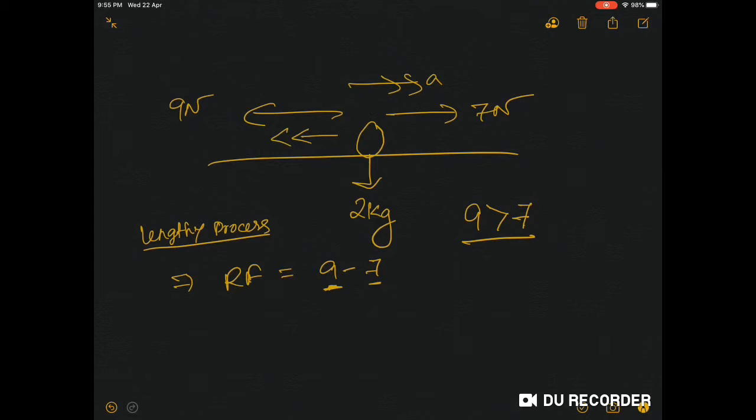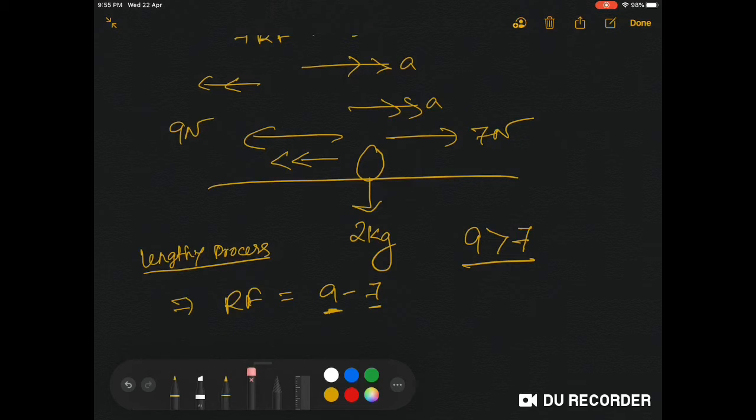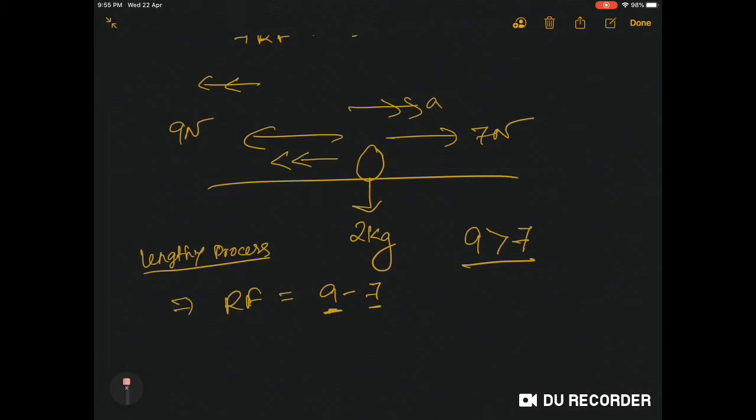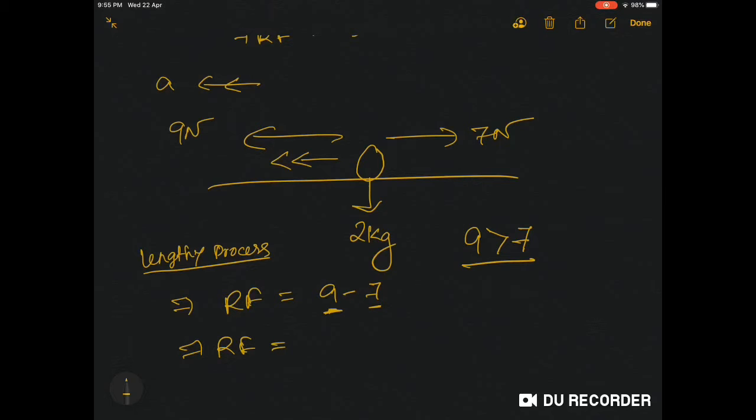No matter where I'm giving this acceleration, in this scenario the acceleration will be in this direction. You have to understand this logically. According to my math, the acceleration is in this direction, so RF is nothing but 2 Newton.